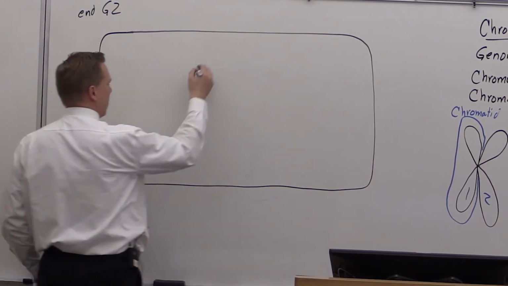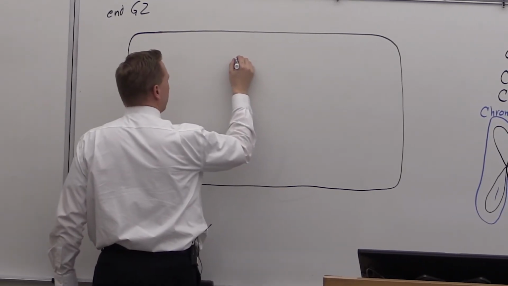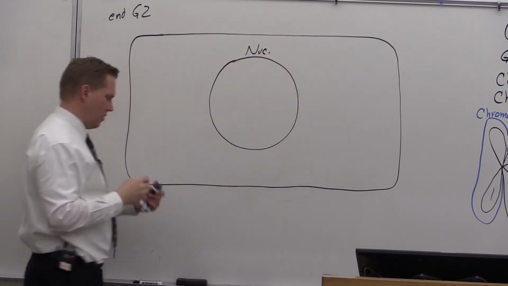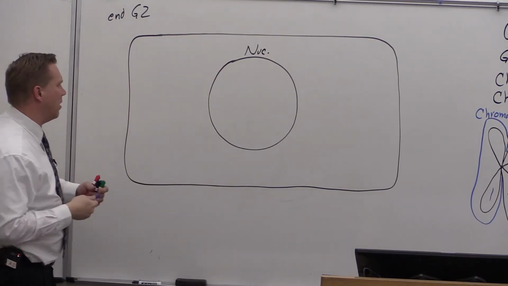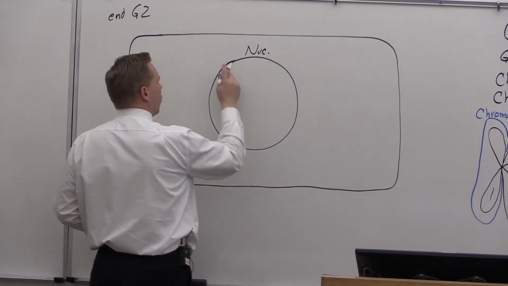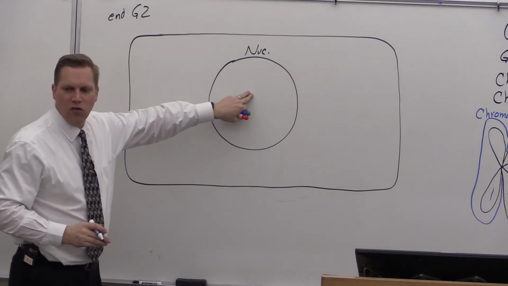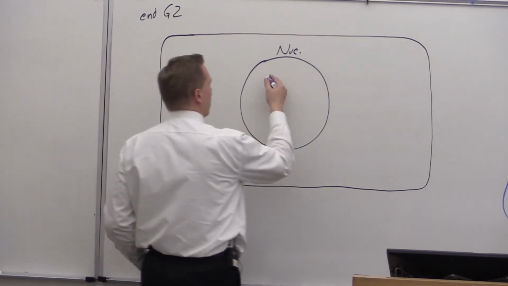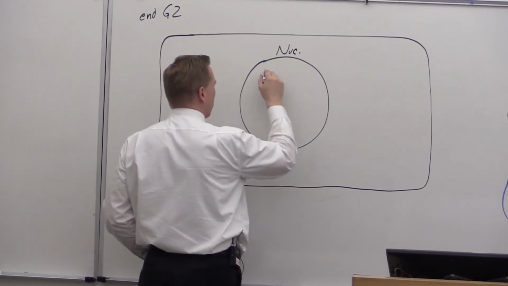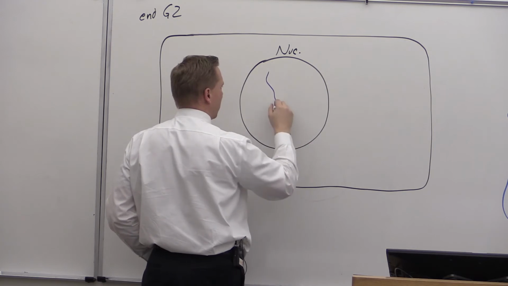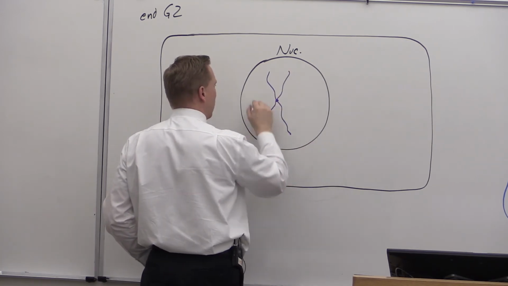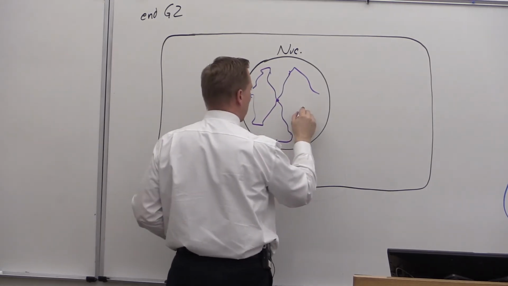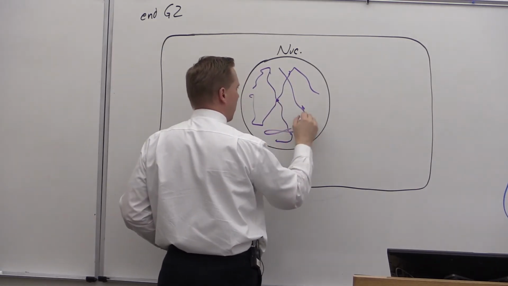It's got a plasma membrane. Here in the middle, a nucleus. And then inside of that nucleus, we have got our chromosomes. However, they're uncondensed. They are duplicated, but they're uncondensed. And so they kind of look like, we'll duplicate them. They're kind of long and spread out here. And then we've got another one.